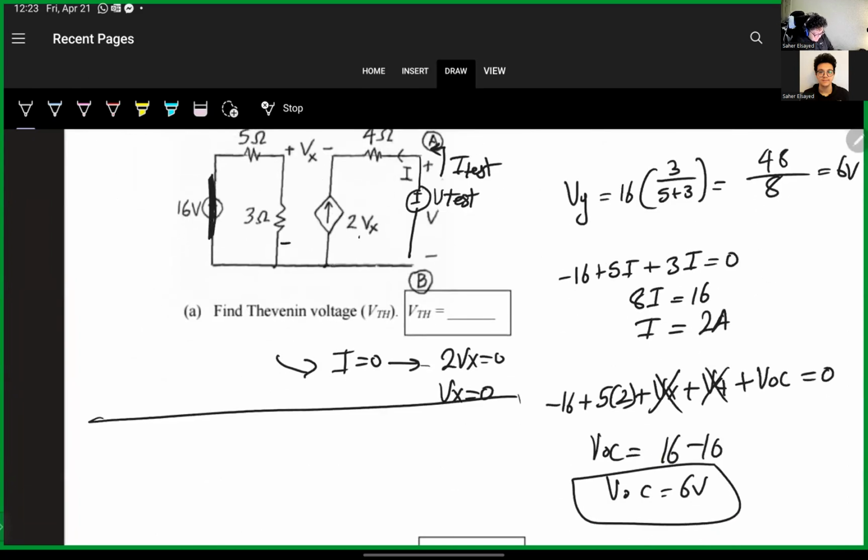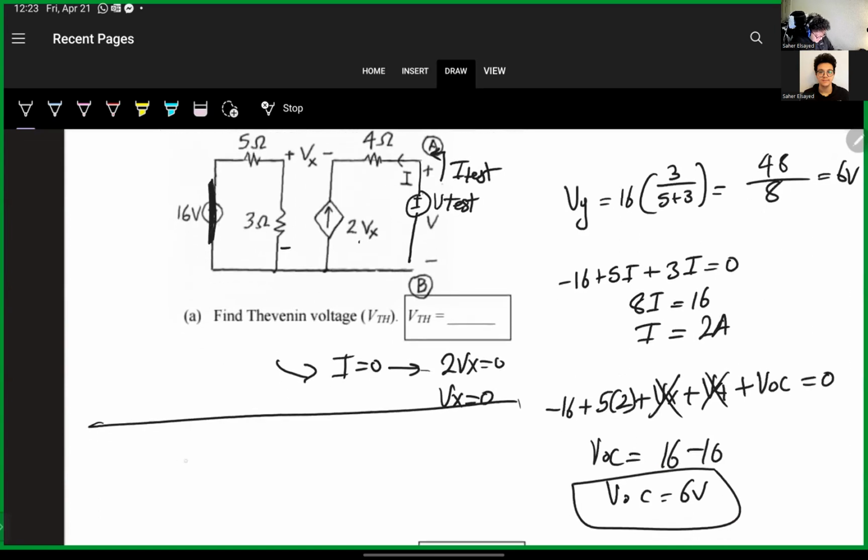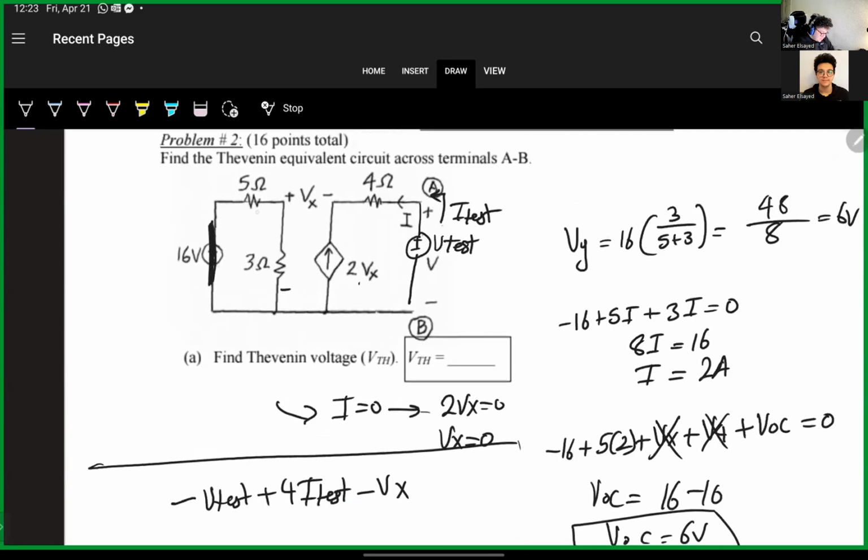So what do you have here? If we go this way, negative V test, just a KVL, right? Negative V test plus 4 times I test, minus Vx. And then what happens here? This is shorted, right? So again, there is no voltage here at all, because there is nothing here.